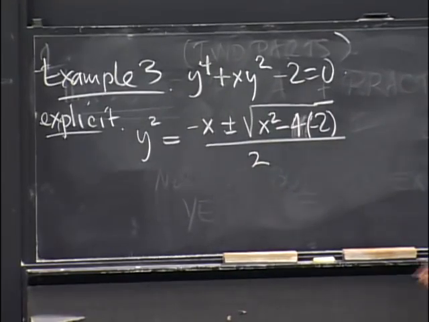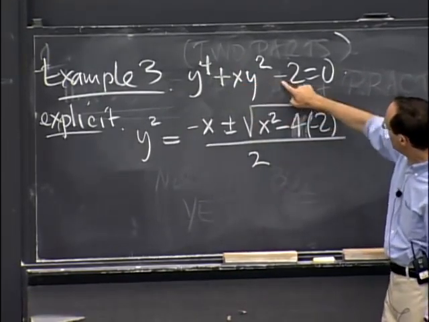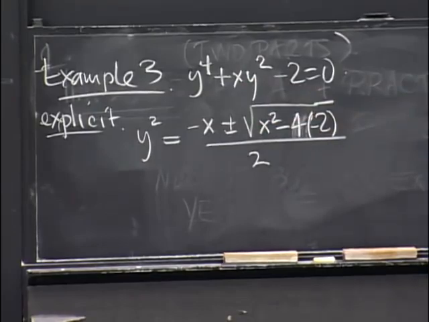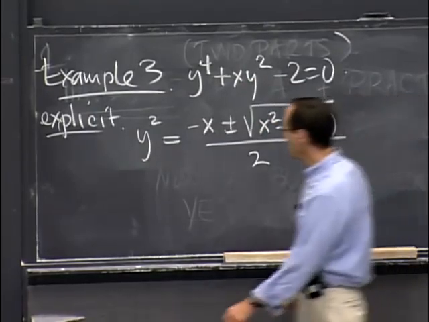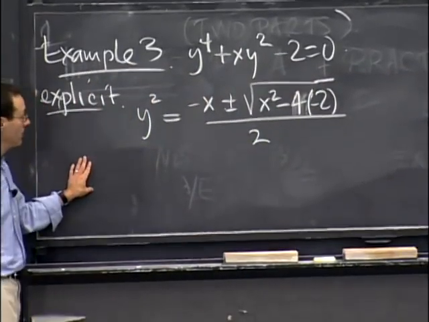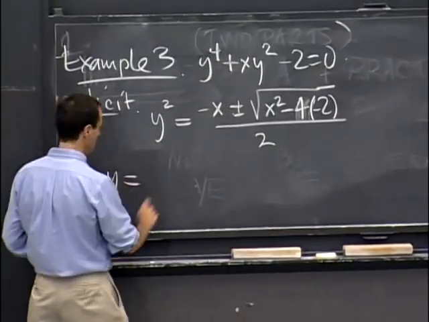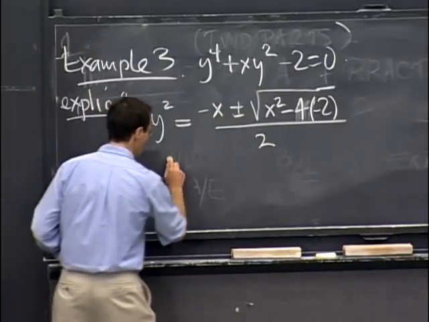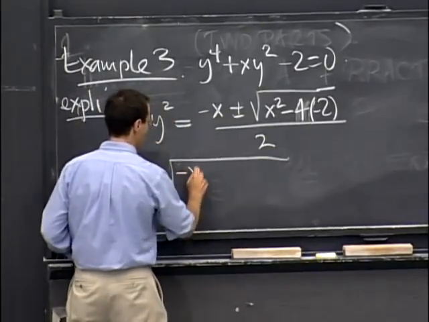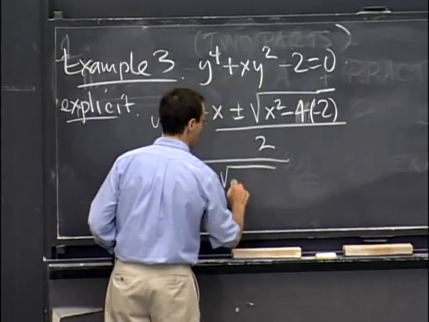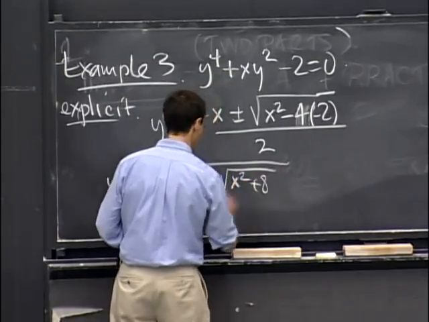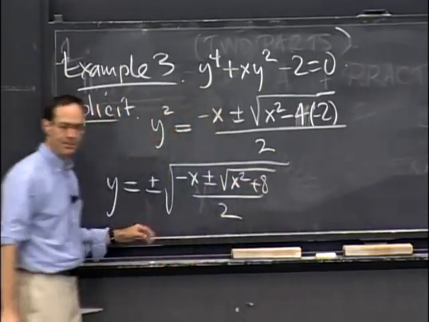So this x is the b, this minus 2 is the c, and a is equal to 1 in the quadratic formula. And so the formula for y is plus or minus the square root of minus x plus or minus the square root of x squared plus 8, divided by 2.